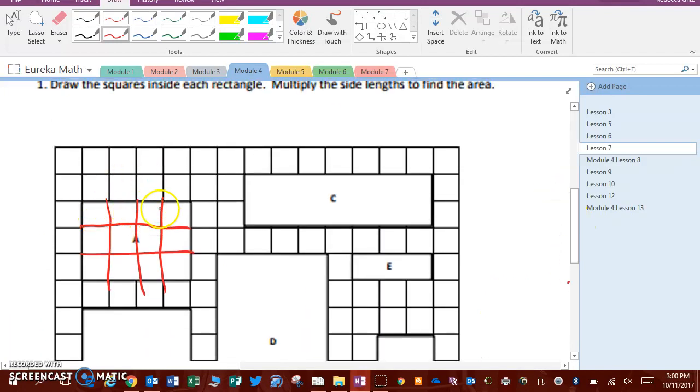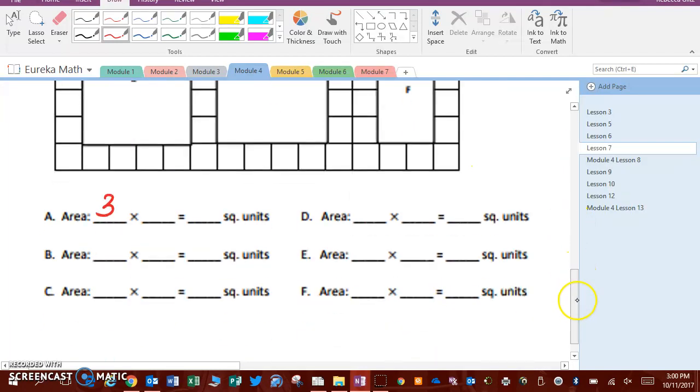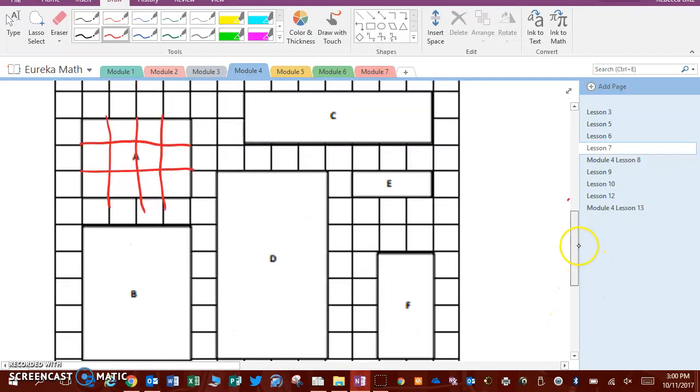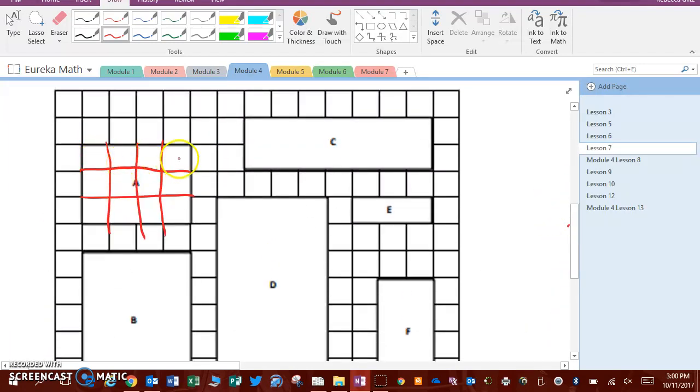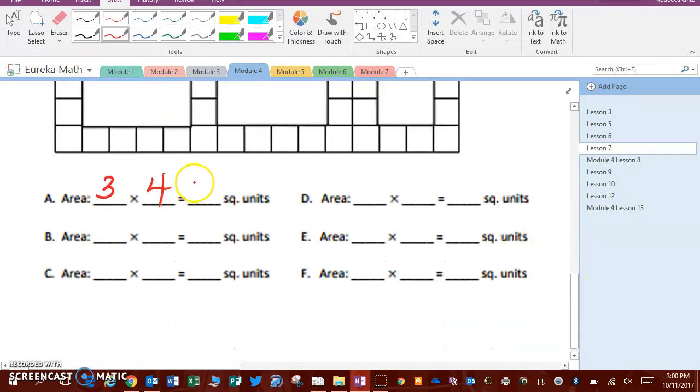Well, there's 1, 2, 3, 4 in each group. So I'm going to go back down. Okay. And you might already know 3 times 4, but if you don't, you're going to go back up here and you're going to count them up. 4, 8, 12. Or you could do 3, 6, 9, 12, whichever's easiest for you. And fill that in. Okay, so that's what we're doing for all these shapes on this side.